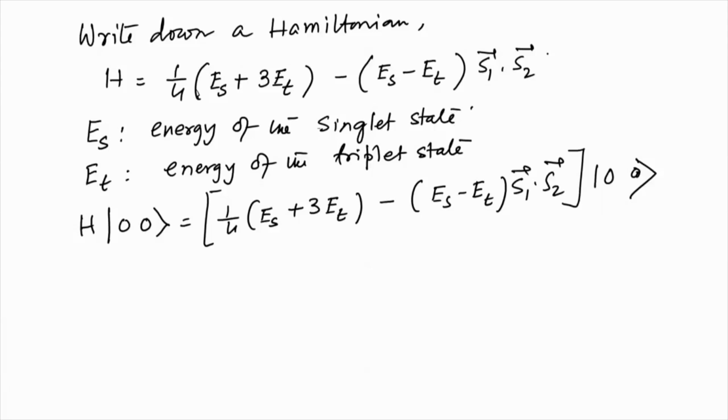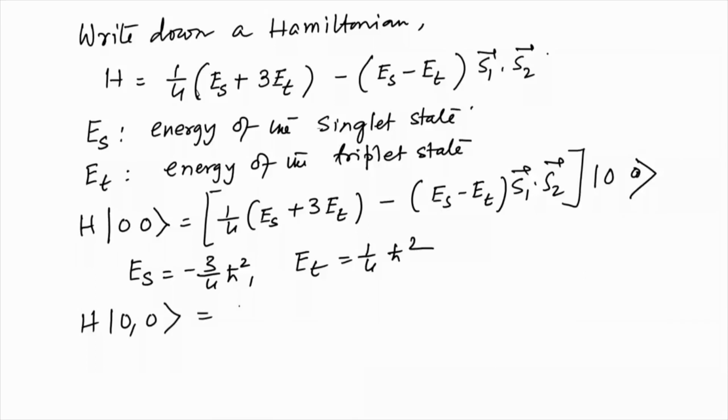So, with E_s equal to minus 3/4 h cross square and E_t equal to 1/4 h cross square, one can simply check that H on |0 0> will give me minus 3/4 h cross square |0 0>.